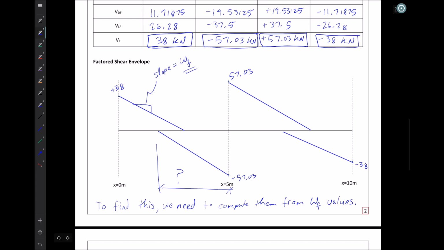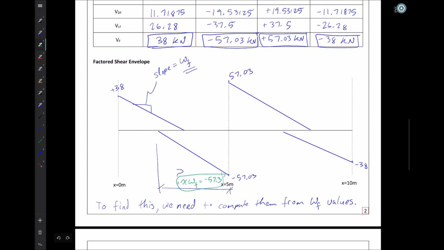So we could take the factored load that got us this point in the shear diagram and say, what is the X value multiplied by WF that would be equal to minus 57.03? So here, let me just write that in. X WF is equal to minus 57.03 for this location.